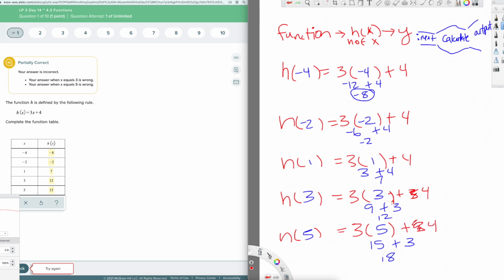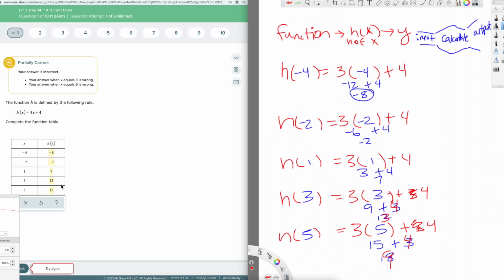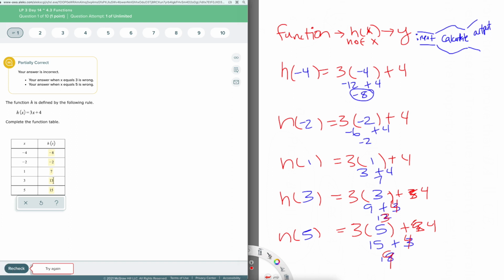So this should have been plus 4, so this should be 13. Plus 4, so this should be 19. Oh, that was silly. I don't even know what I was doing there. So 13 and 19. There. Okay. Now my keyboard's not reacting the way... Oh, goodness. There we go.